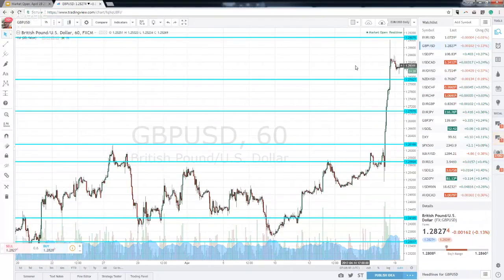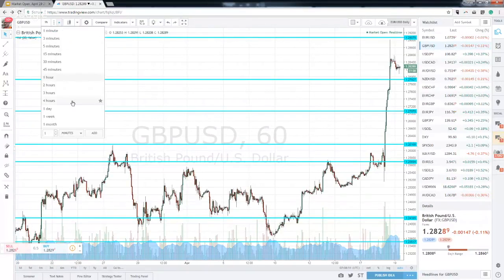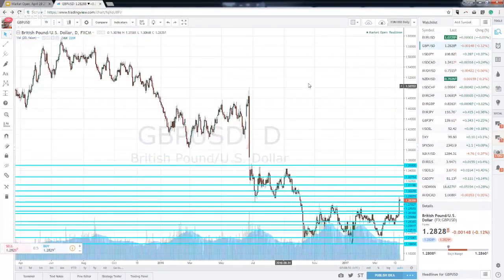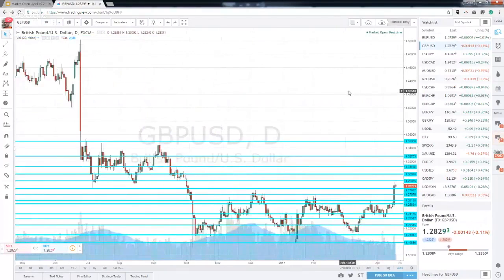Further below, we have support at 127, a high seen not that long ago, 126.20 and 125.70. To the upside, we have 129, which we reached shortly. I'll zoom out for a second to the daily chart, so you can see that we're back. We had the post-Brexit range of 128 more or less to 135.